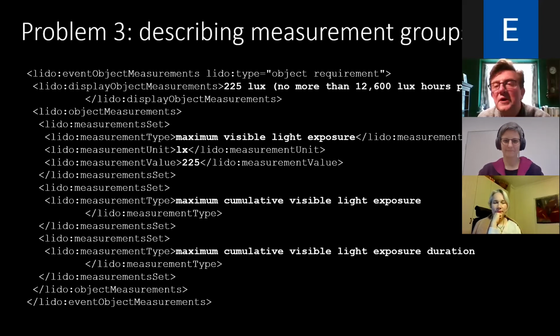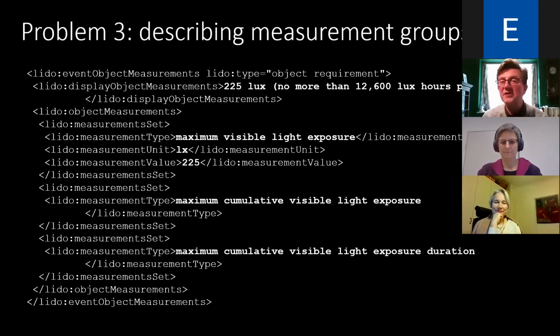It can also be expressed as a set of different measurements, i.e. pairs of values and units of measure. So one for the maximum visible light exposure, 225 quantity lux unit. One for the maximum cumulative exposure, and I've dropped the details of that from the slide so that it's actually vaguely legible.